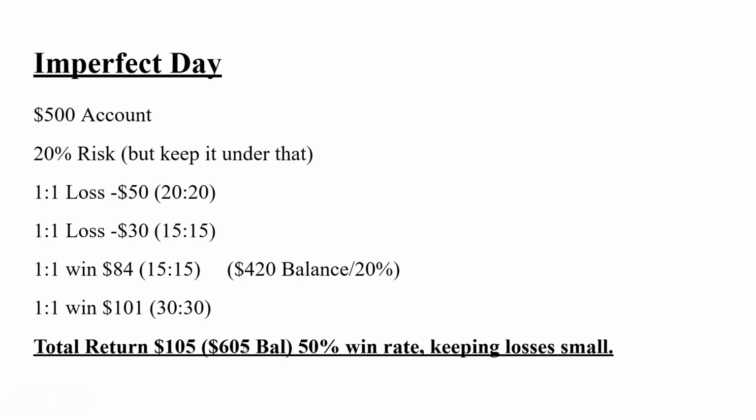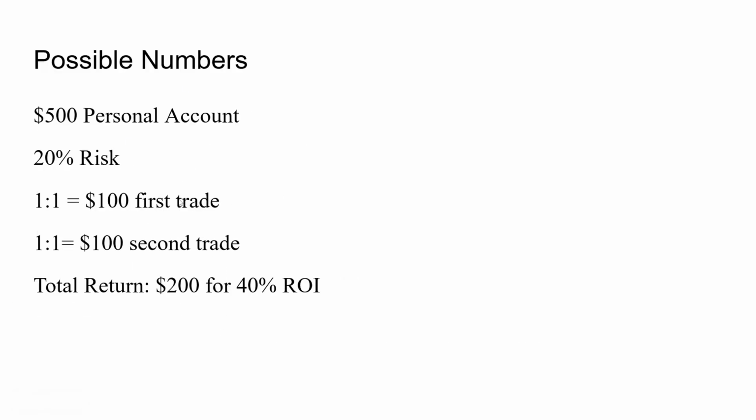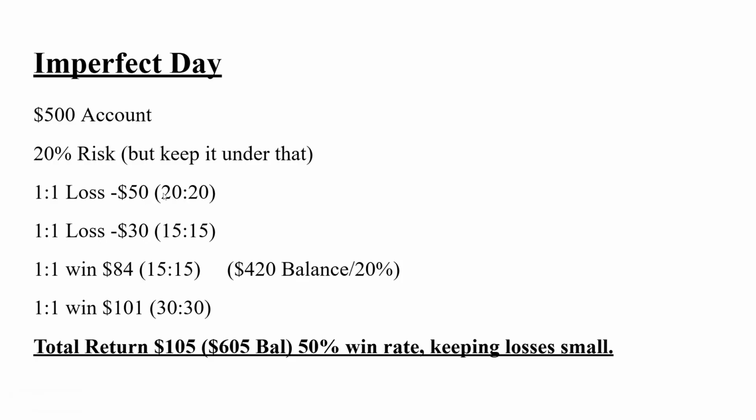You could just as easily pull out 105 for profit or 100, whatever, and then do it all again tomorrow. This is how your day may look. You'll have a few like this, but a good number of them, you'll have one loss, one win, and as long as your wins are bigger than your losses, you'll be fine. I promise you'll be fine.